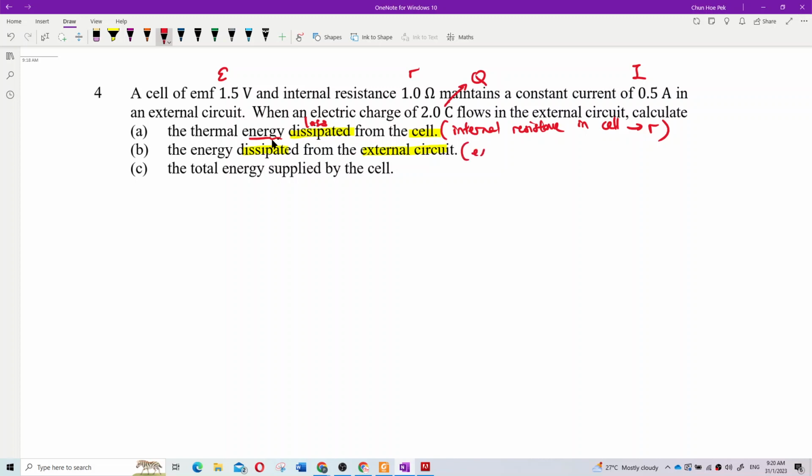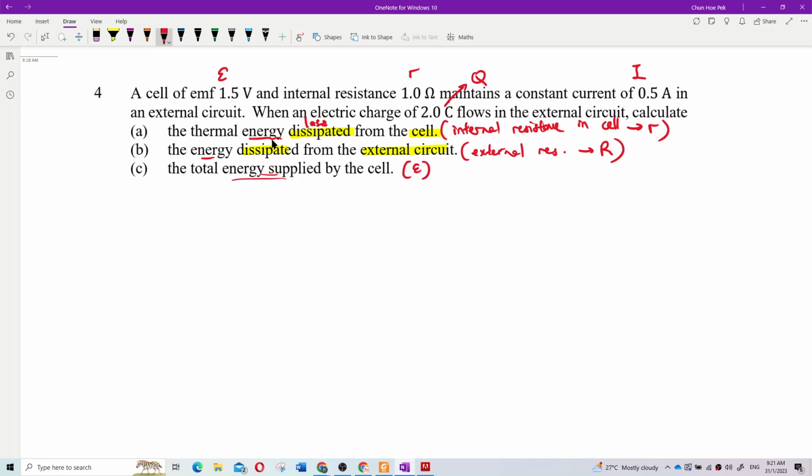This one is the external resistance, which is called capital R. So: external resistance energy dissipation, and then total energy supply, which refers to the EMF.